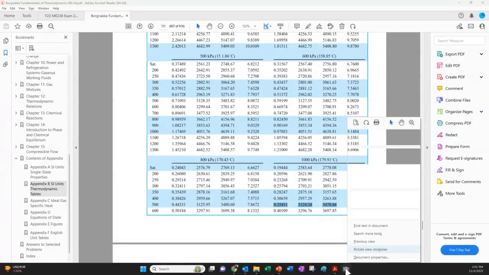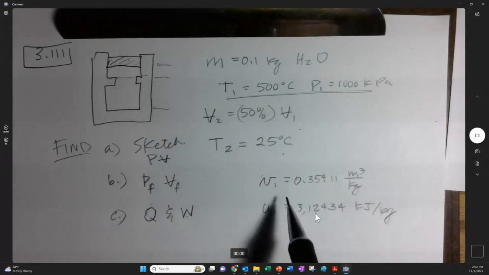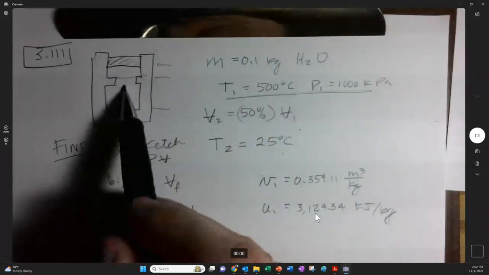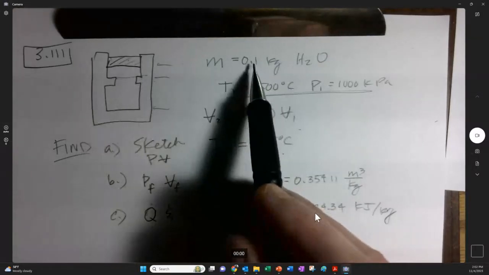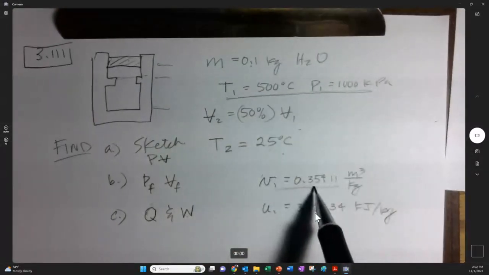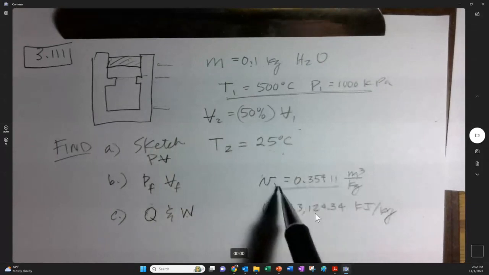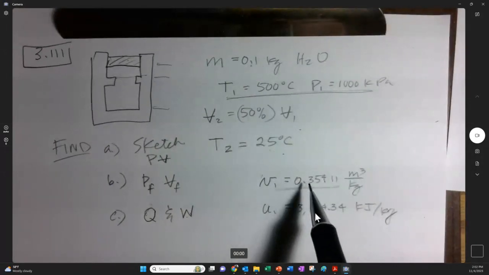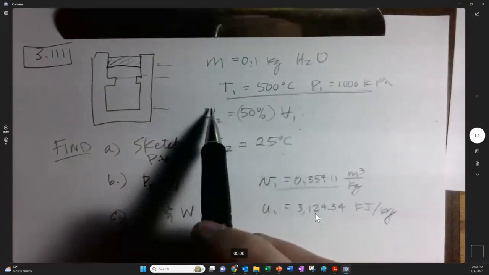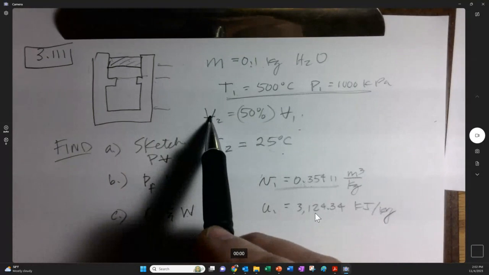And what my aha moment was is that from this information, we're going to be able to figure out what the full volume is going to be because we have the mass. So we know this initial right here. This is one of the first keys of the problem, putting our detective hats on, recognizing we can find what V1 is going to be, and now we know what V2 is going to be.